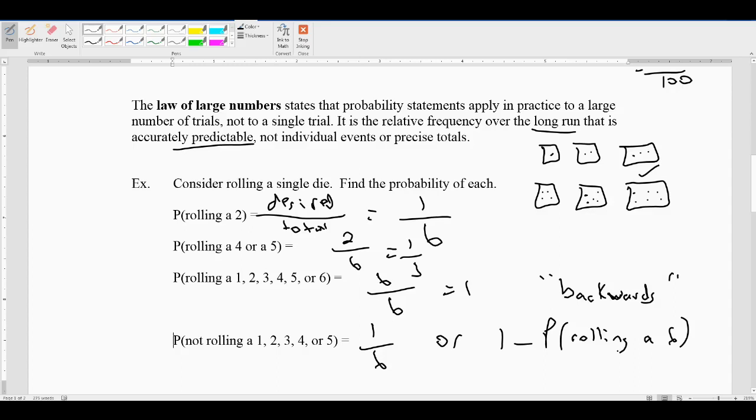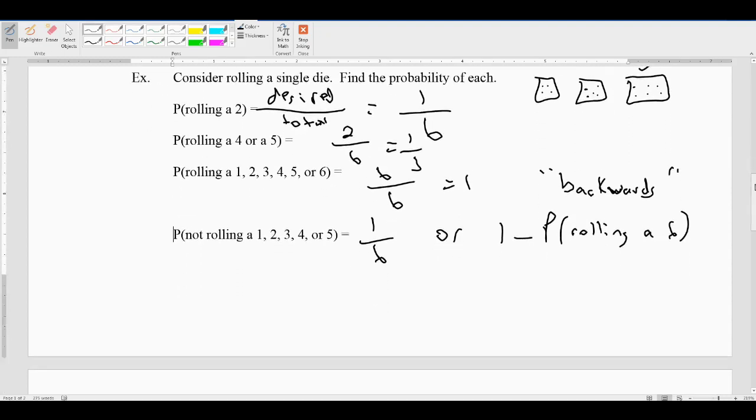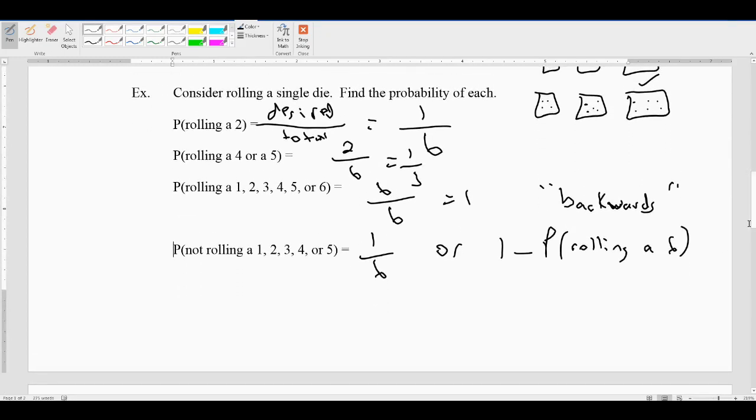How many ways are there of rolling a 6? Well, I'm thinking wrong. I'm thinking backwards, or I'm thinking the opposite. Maybe a better way to think of it: 1 minus probability of rolling a what?